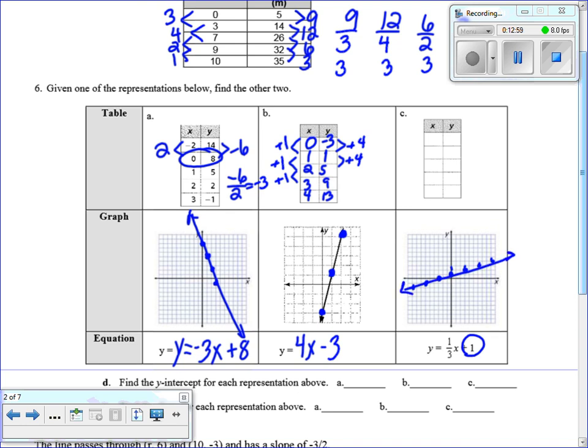Okay? What we see is that we have a point at 0, 1. We also have a point at 3, 2.